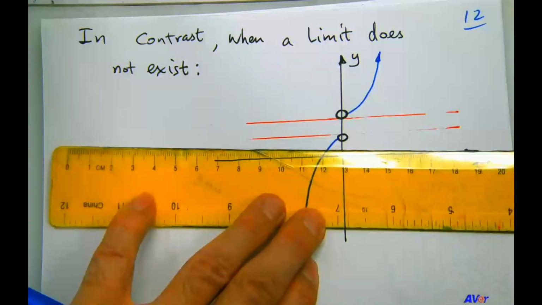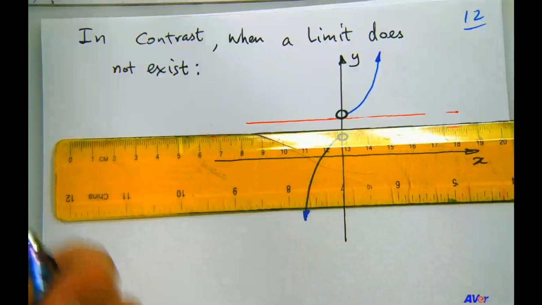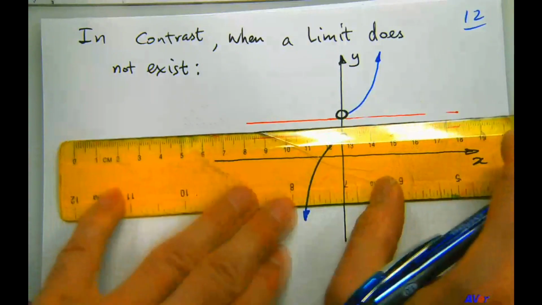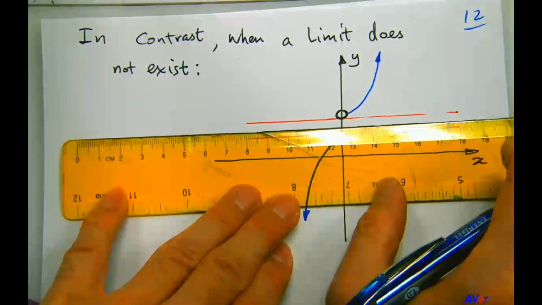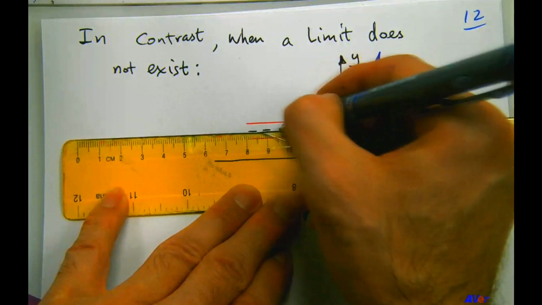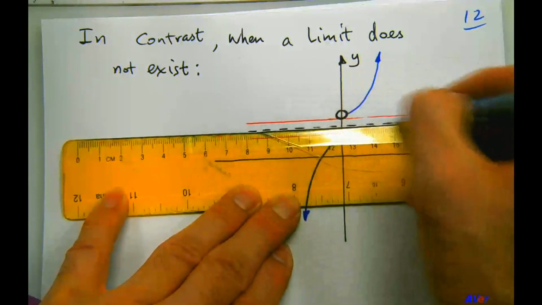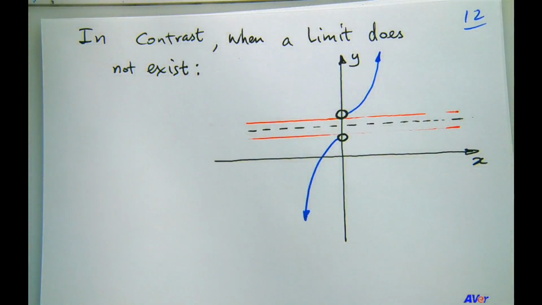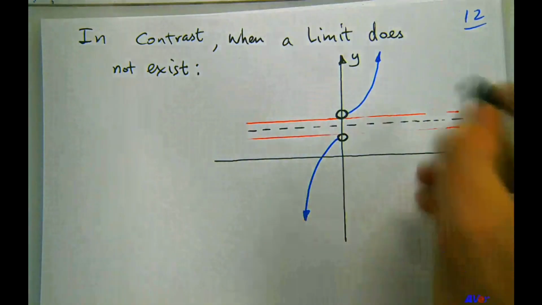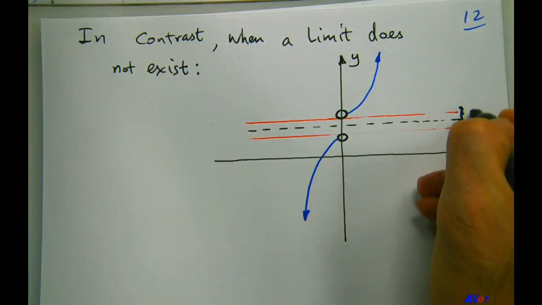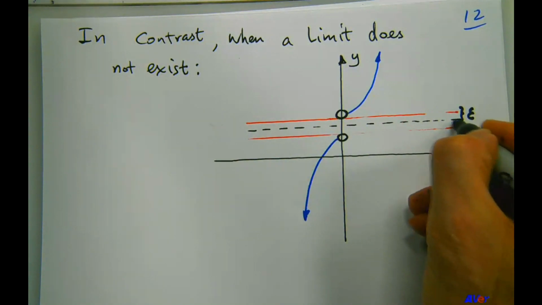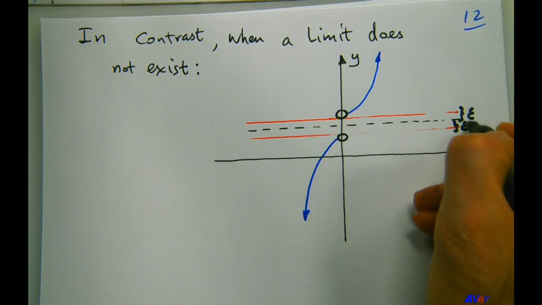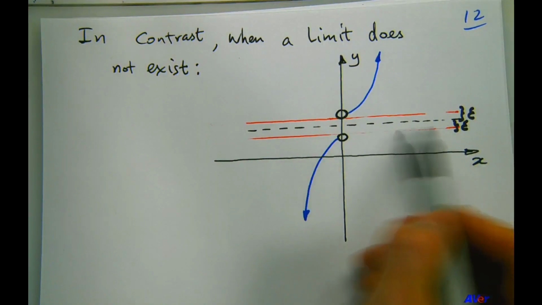And I'll draw that with a different color here. That. So epsilon would be from here to here, and from here to here again epsilon. Okay, like that.